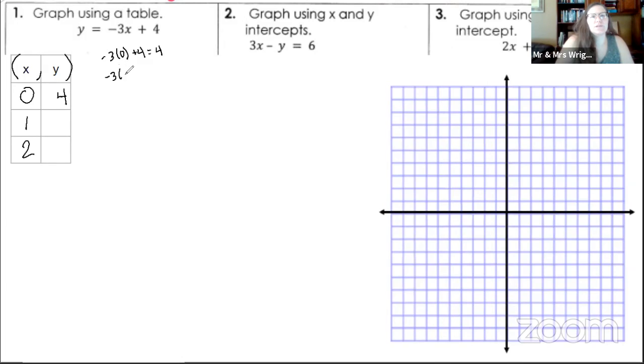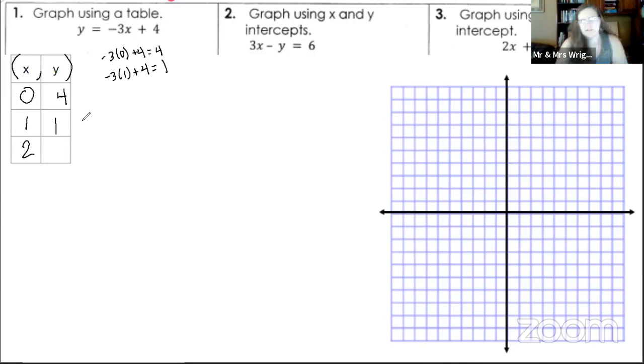Then -3 times 1 plus 4 is going to be 3. Oops, nope, sorry, not 3. Let's see. I always advise and encourage the use of a calculator, so we're going to go ahead and do that, especially since I just was putting the wrong answer in.